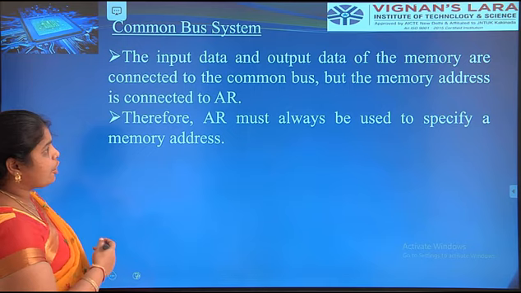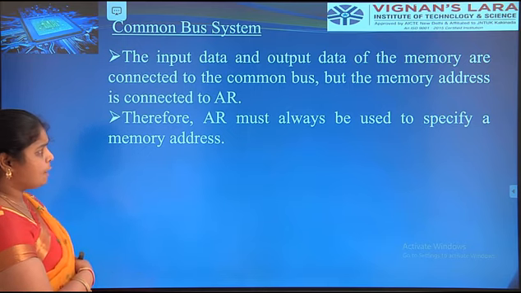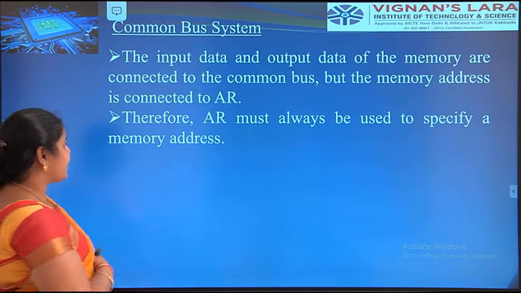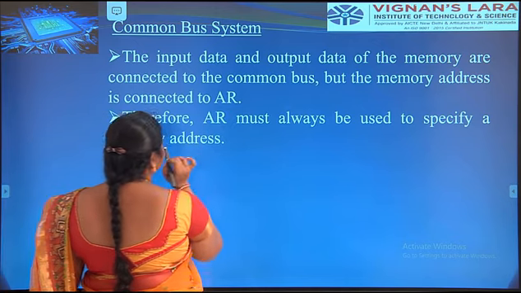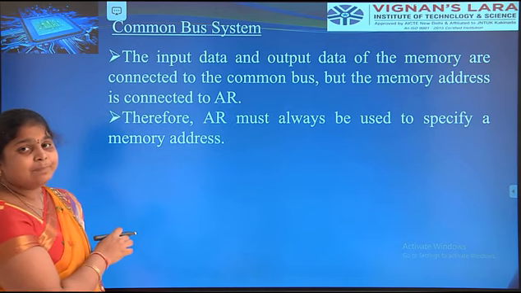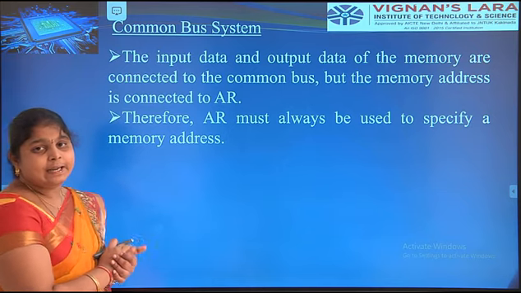The input data and output data of memory are connected to the common bus, but the memory address is connected to the address register. Therefore, the address register must always be used to specify a memory address.